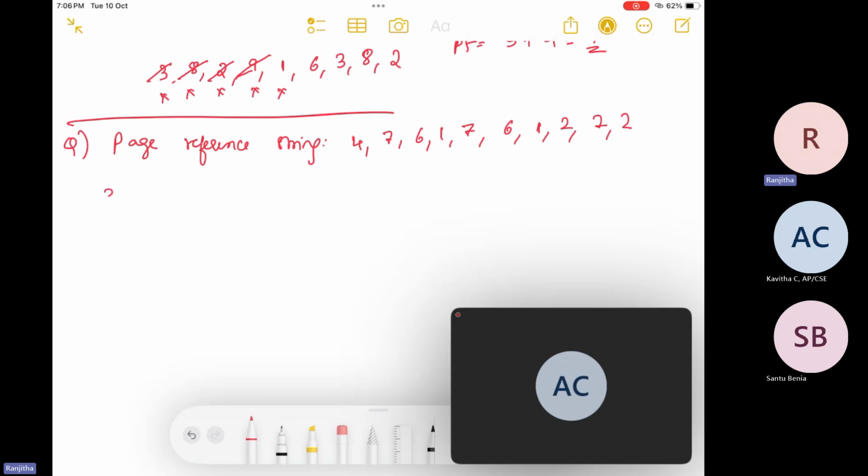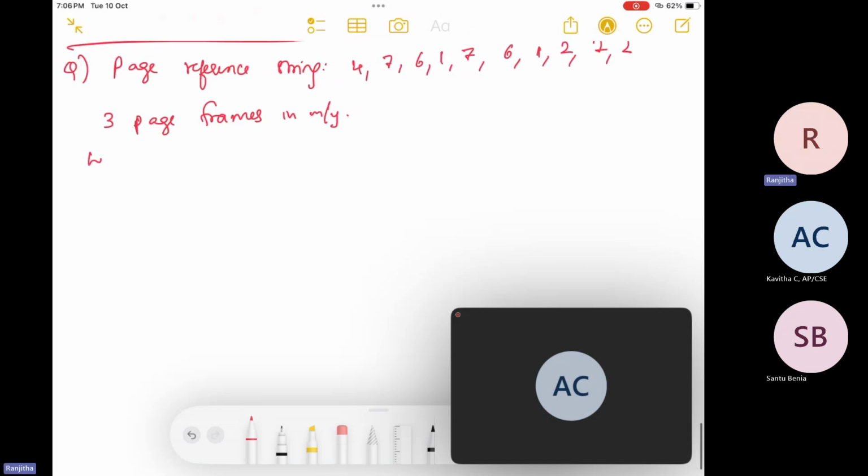Now it's given that there are three page frames. What is the total number of page faults? Then hit ratio and miss ratio.